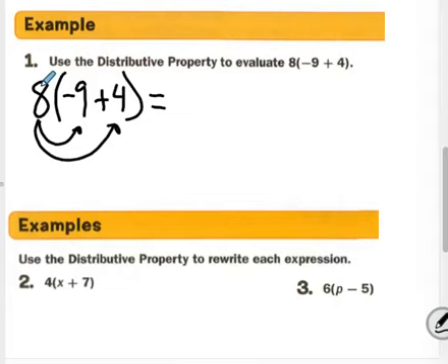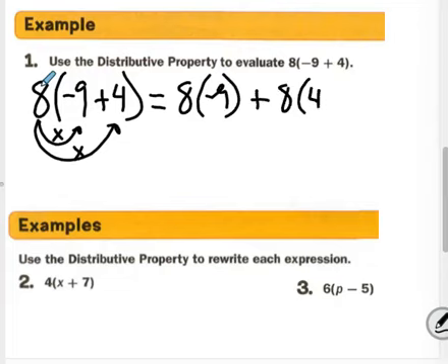But we're practicing our distributive property, so let's do that. So basically what we're doing is multiplying this 8 by each one of those terms. So it's like I'm multiplying here along each one of these lines. So we really have 8 times negative 9, and then we're adding that to 8 times 4.